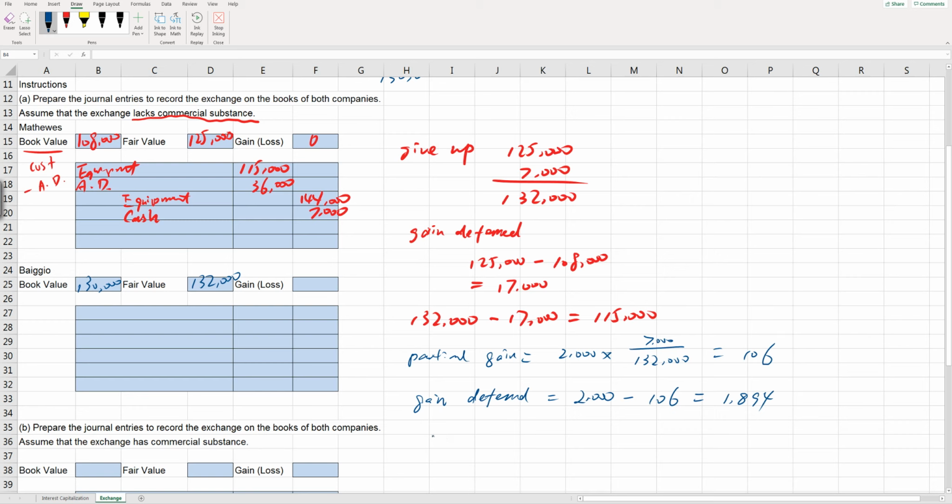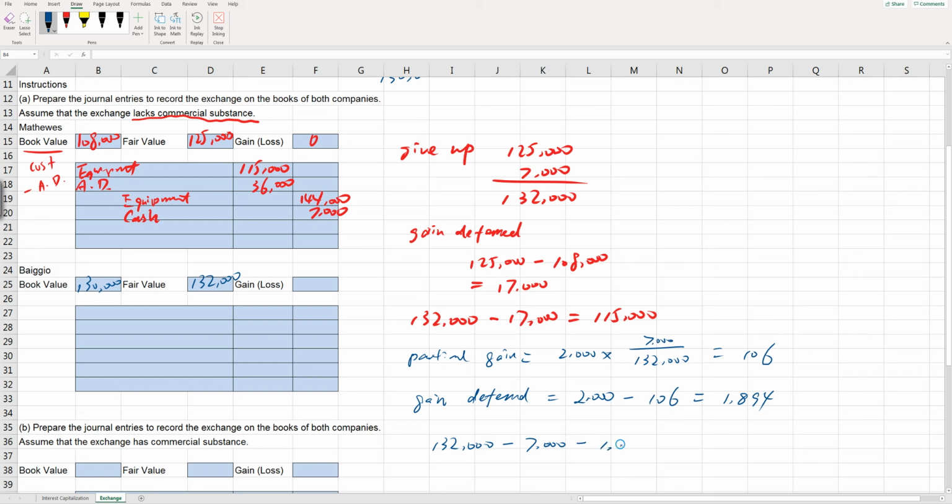Okay? In other words, the new assets acquired will be the value we give up minus the partial gain. So how much we have given up? So we give up $132,000, the fair value, but we receive cash. This is the value we give up, right?